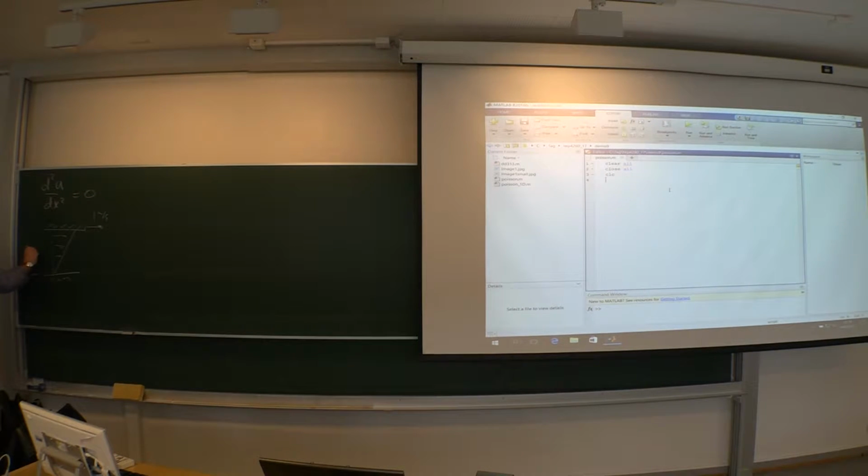Okay, in elliptic equations, you are going to need boundary conditions all around your boundary. You have to specify the variable, or the derivative of it, all around. In a one-dimensional problem, it will mean here and here. Very simple, of course.